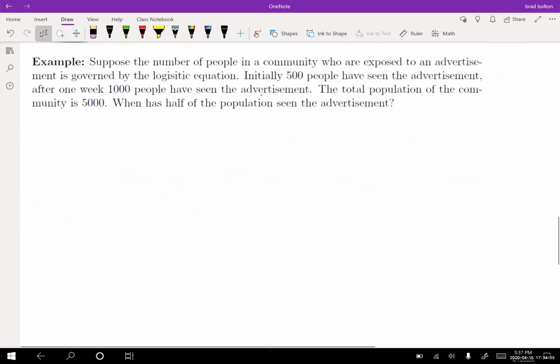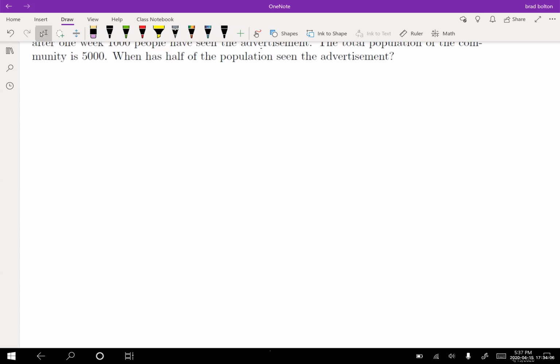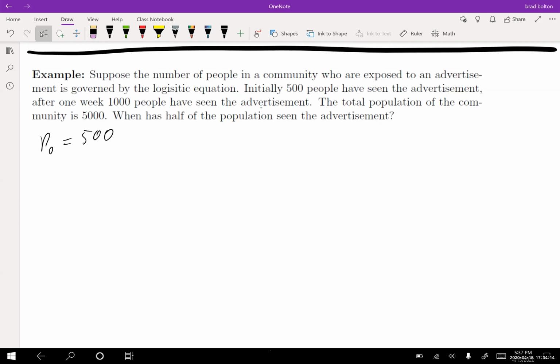So what I'm going to do is we need to first figure out a few things. We know P naught is equal to 500 because it says that initially 500 people, so they literally tell us that. We know that our carrying capacity is 5,000 because there are 5,000 people in the community.